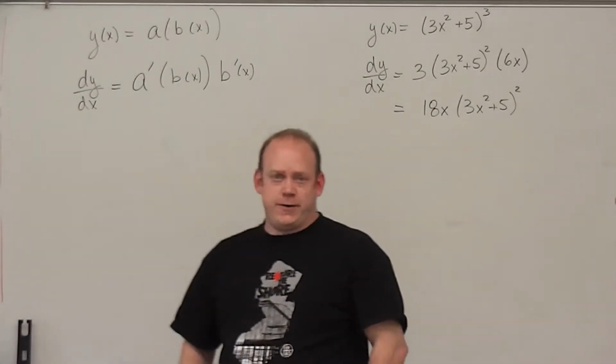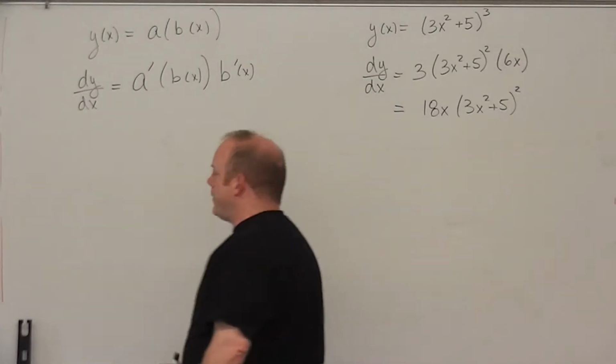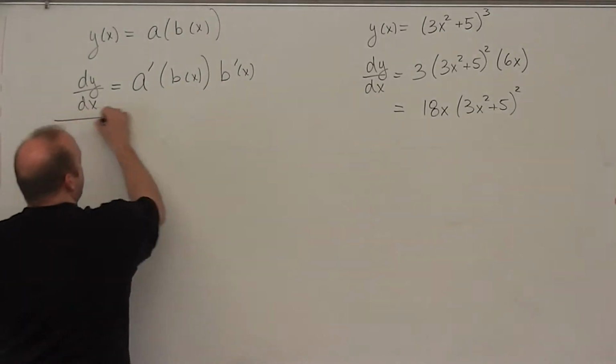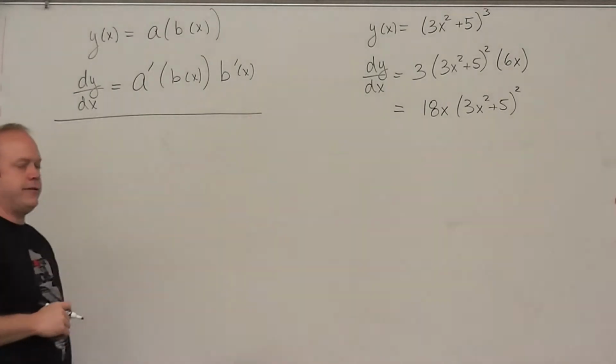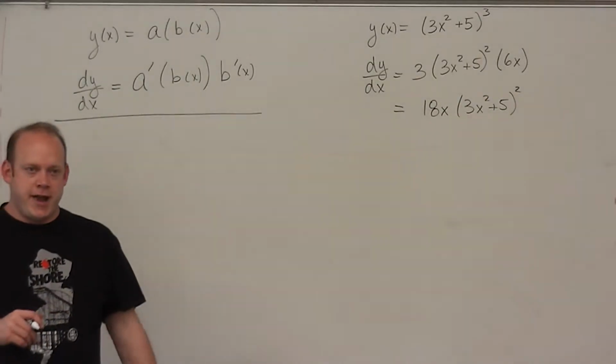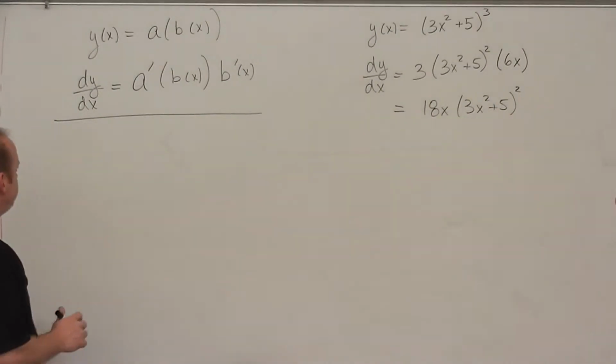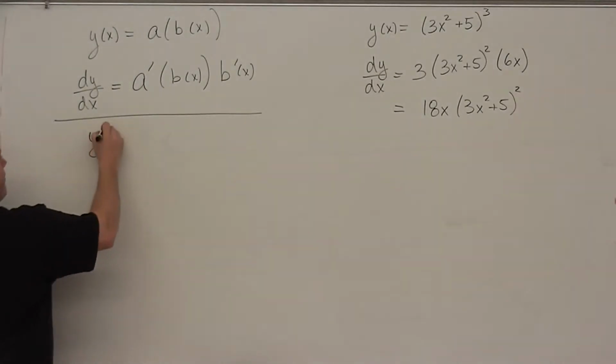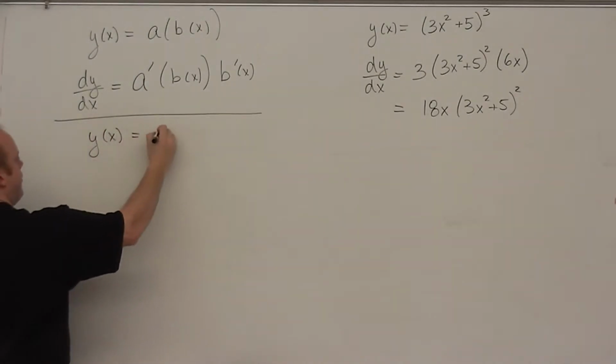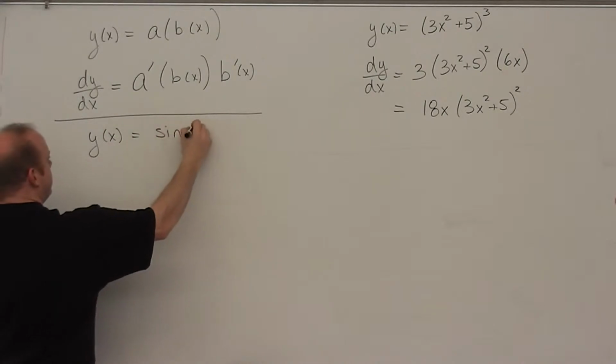Speaking of which, let's take a look at the derivative of cosine and sine. We're not going to worry about the derivative of tangent. It doesn't really come up very much, and it's kind of complicated. So now, let's just say that y of x is equal to sine of x.